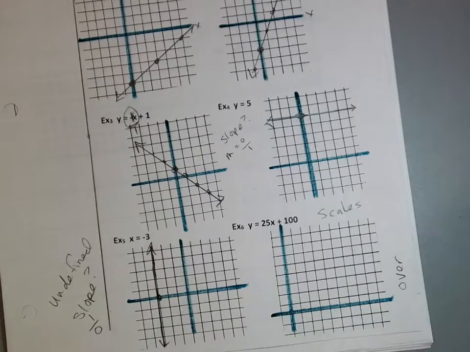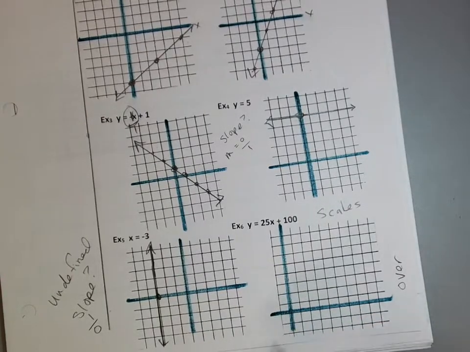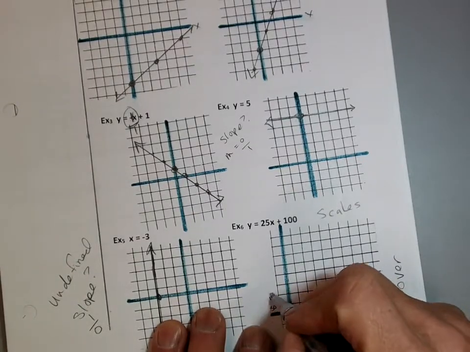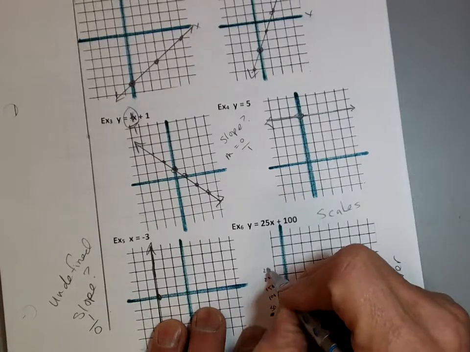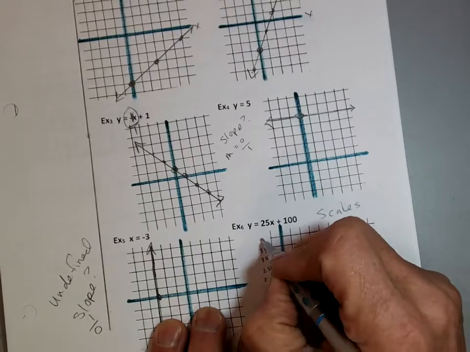I'm thinking we could go by hundreds. I could go by 50s. I could go by 25s. Doesn't really matter. How about we go by 50s so I can see more of it? Okay, let's go by 50. So there's 50, 100, 150, 200, 250, 300, 350, 400.